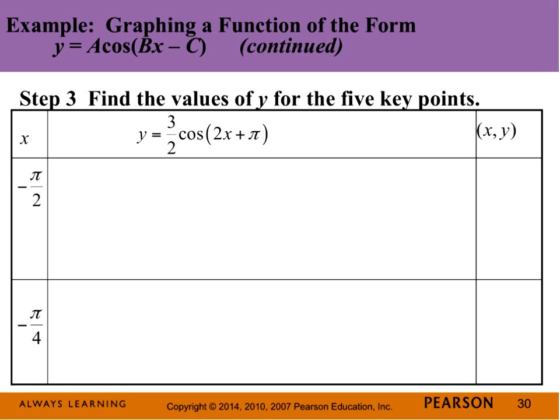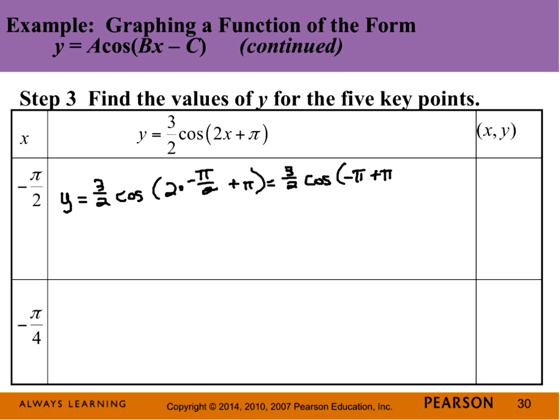Okay, so we have y equals 3/2 cosine of 2 times negative pi over 2, plus pi, and that's 3/2 times the cosine of, this is negative 2 pi over 2, so this is just negative pi plus pi, which is 3/2 times the cosine of 0, which is 3/2 times 1.